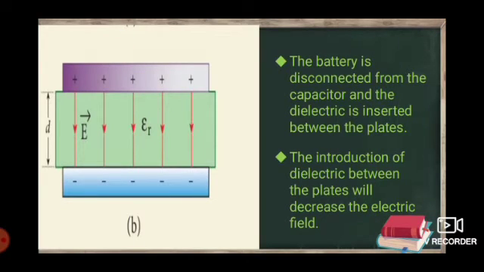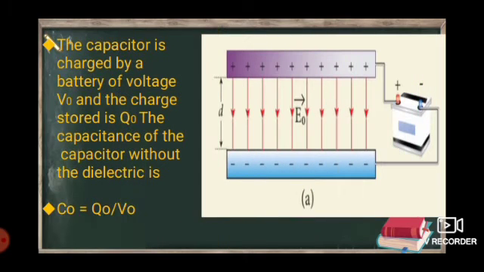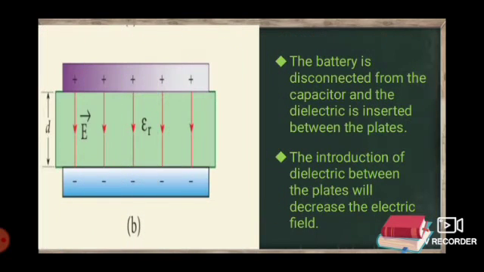Now the battery is disconnected and we introduce a dielectric medium between the plates. Previously there was no dielectric medium, only the battery was connected, and the capacitance was calculated. Now the battery is disconnected and the dielectric medium is inserted.